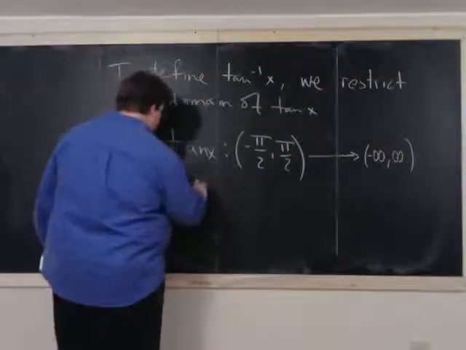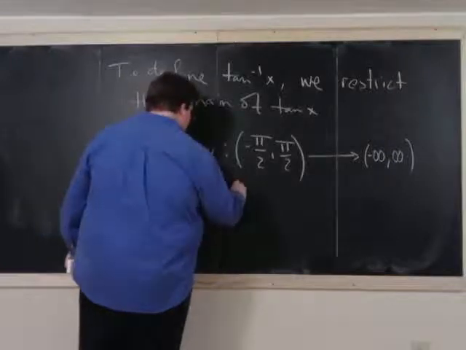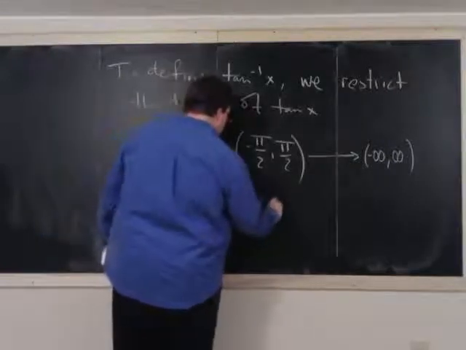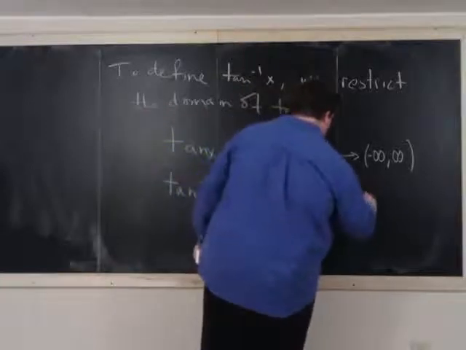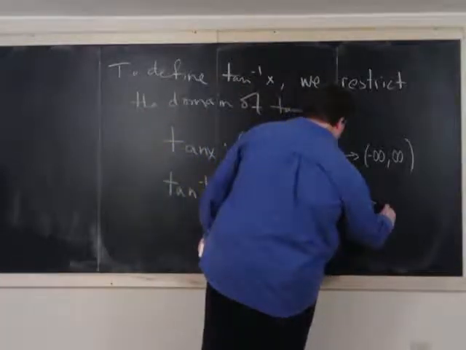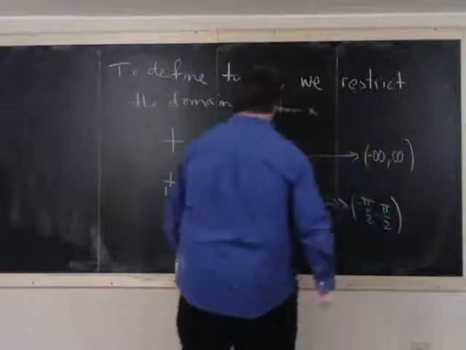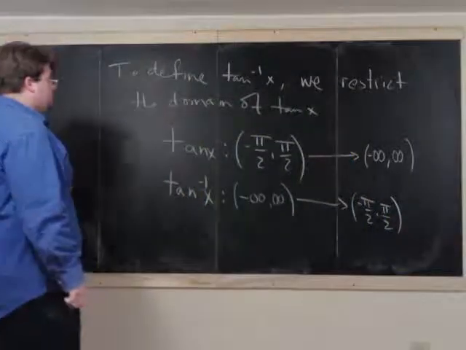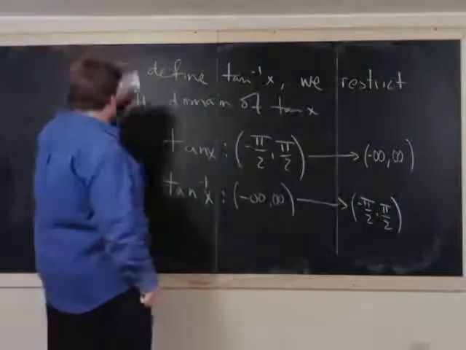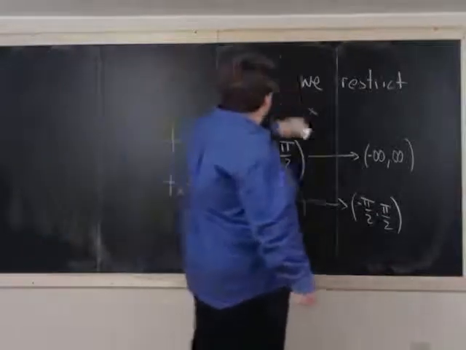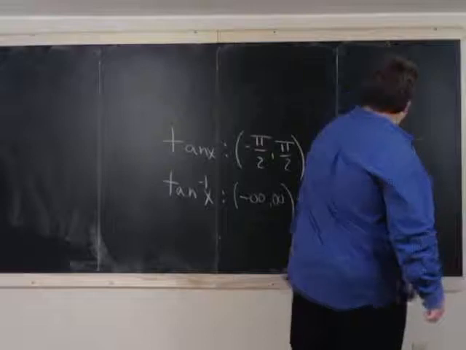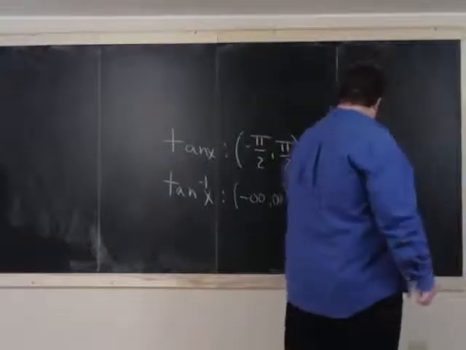With this restriction, the inverse tangent of x then can take in any number, and it will send out angles between negative pi over 2 and pi over 2, not including the endpoints. Now, which quadrants are these in? Well, just like sine, the inverse tangent is going to be in quadrants 1 and 4. So let's draw that.